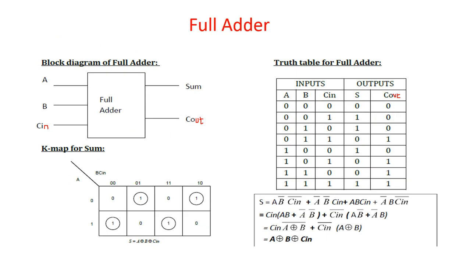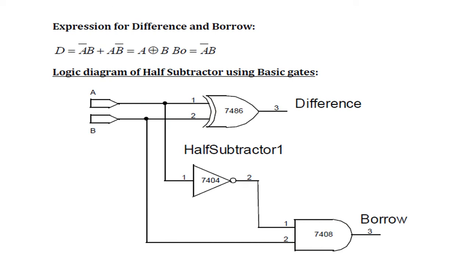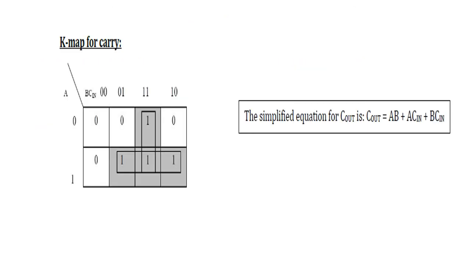For this, cell number 3 is 1, cell number 5 is 1, 6 is 1, and 7 is 1. These are the cell places with 1. The remaining cells are 0.